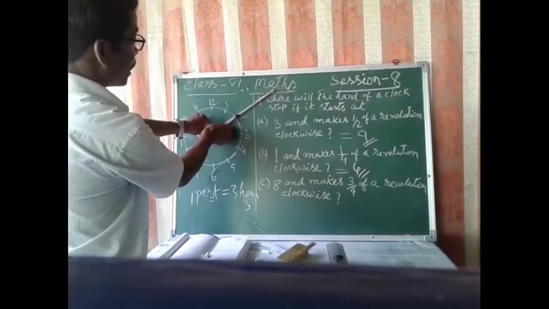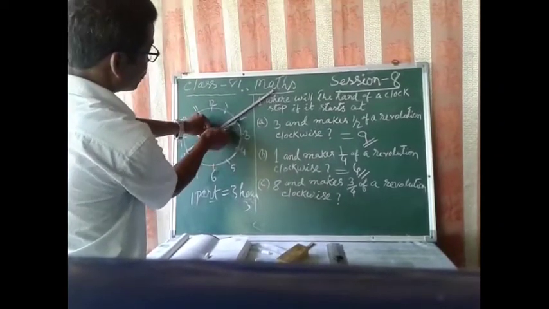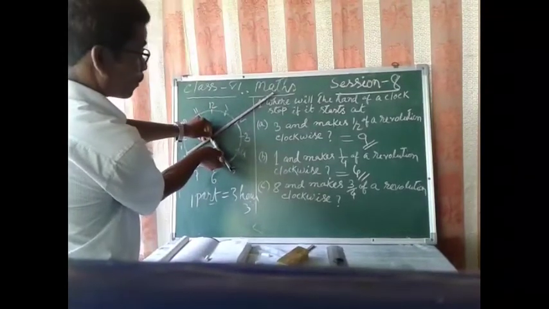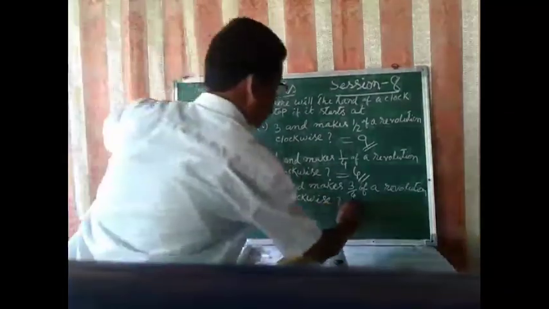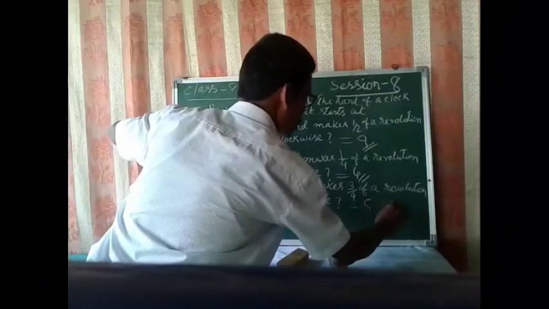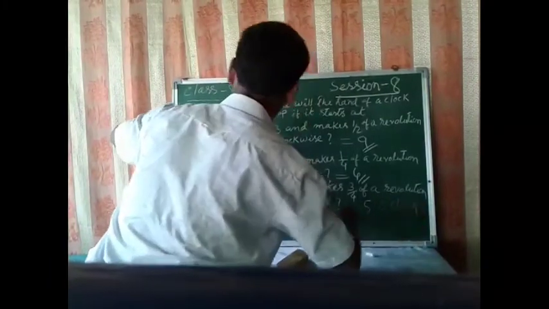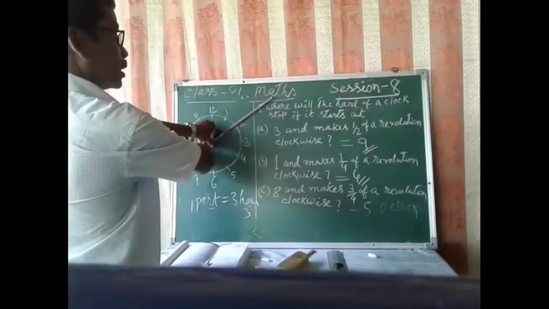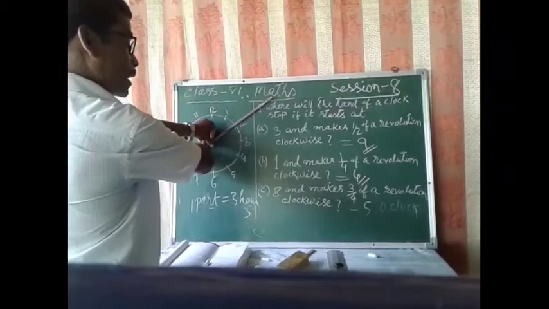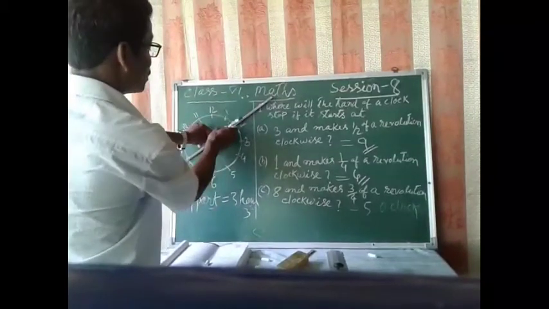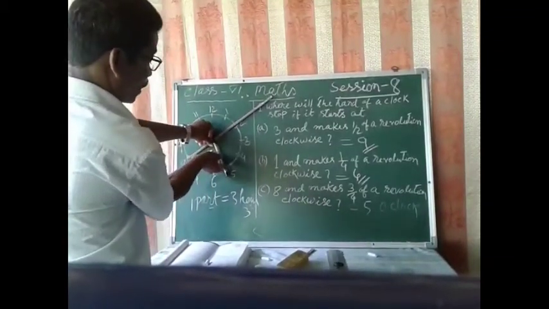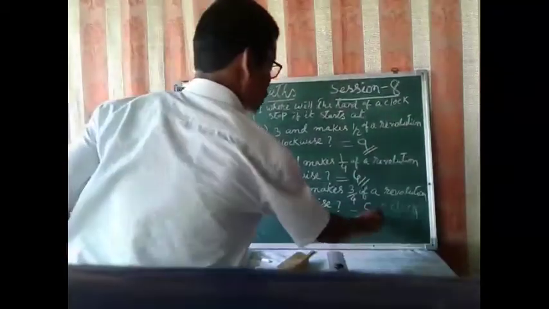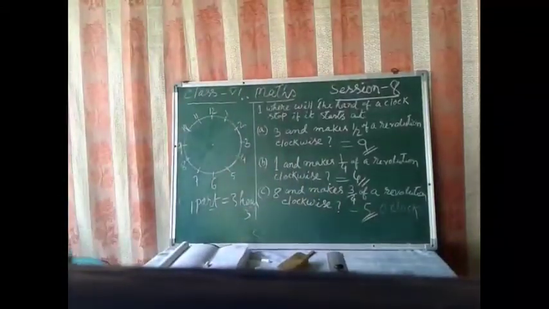After half a revolution, you again have to move 3 divisions: 1, 2, 3. The pointer will stop at 5 o'clock. So when the pointer starts from 8 and makes 3/4 of a revolution, it stops at 5 o'clock. The answer is 5 o'clock.